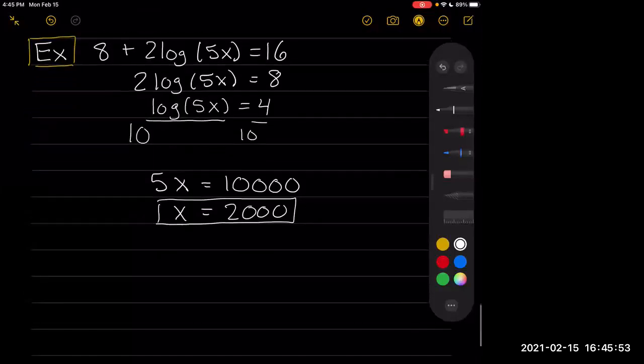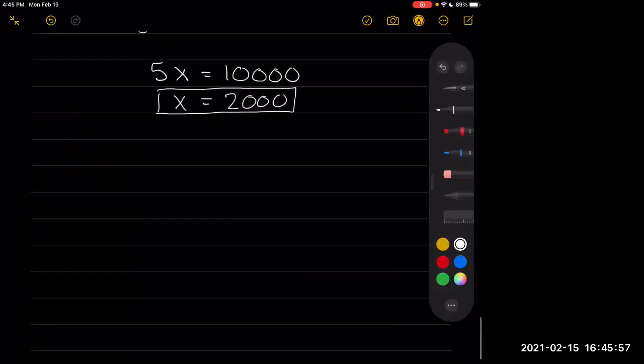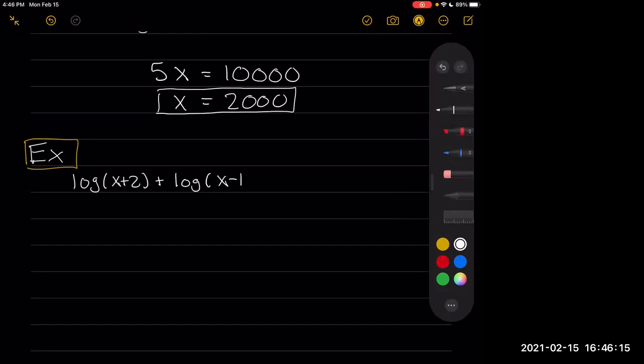And then another example on this material. So we're going to look at log of x plus 2 plus log of x minus 1 equaling 1.